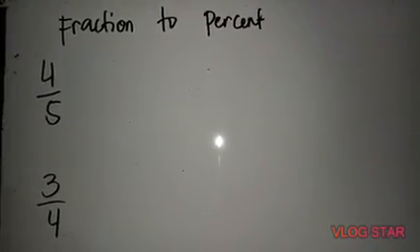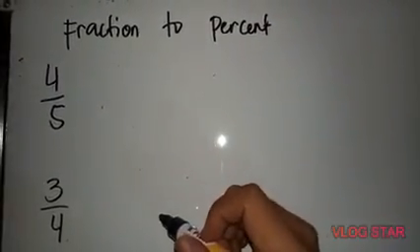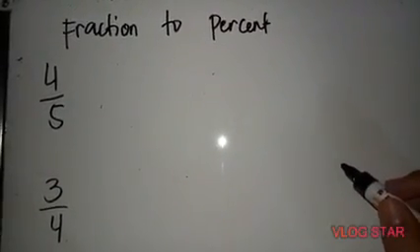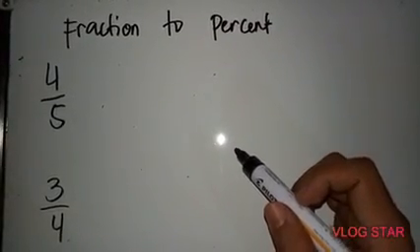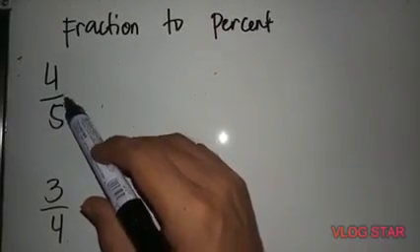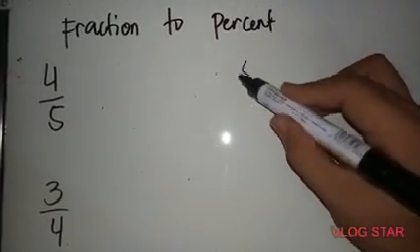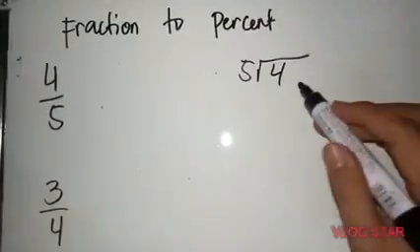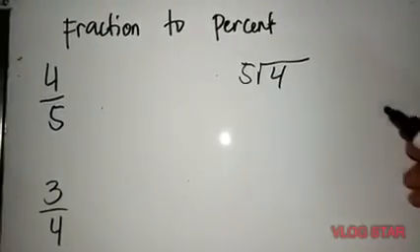Okay, next is fraction to percent. But this time, we will not use a decimal fraction. We will just use a non-decimal fraction. How can we convert this to percent? We convert this to percent through division. So 4 divided by 5. Again, the numerator is the dividend and the denominator is the divisor.